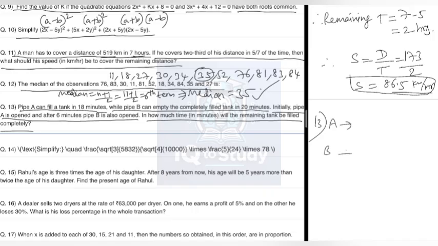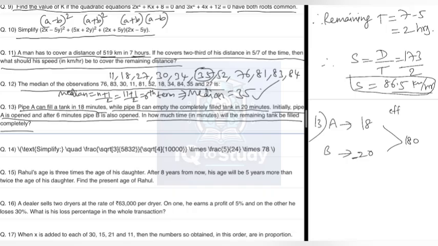Here, pipe A can fill in 18 minutes and pipe B can empty in 20 minutes. The LCM of 18 and 20 is 180 units.